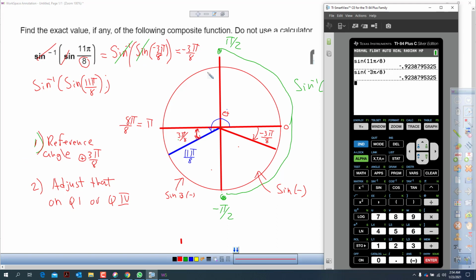And also, if you actually do the entire operation on the calculator, look, please, if you want to do sine inverse of a sine of 11 pi over 8, like just the original problem says, you press enter, you're gonna see this quantity, right?